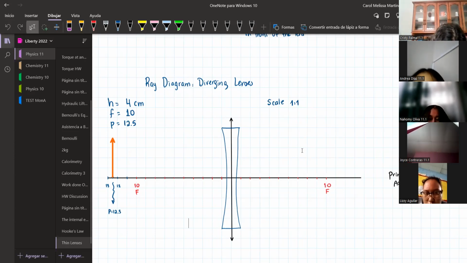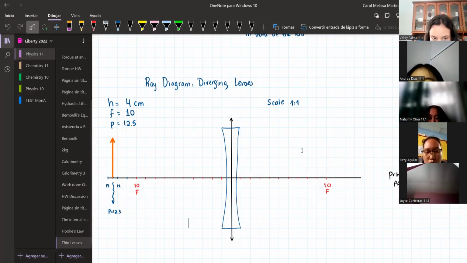There you go. Okay? So it is important, guys, that you get used to writing all the measurements, okay? In fact, I take points away when you don't do it. It is necessary that you specify. So here, the object has a height of 4 units, okay?